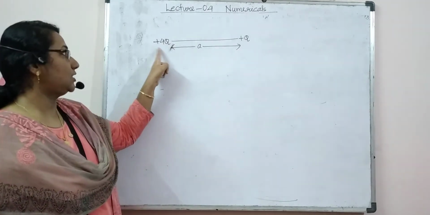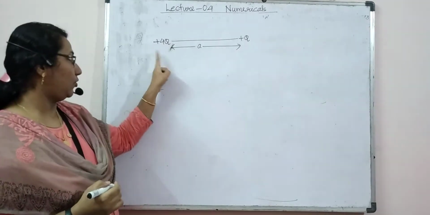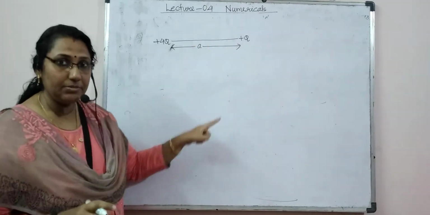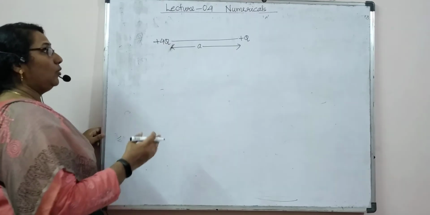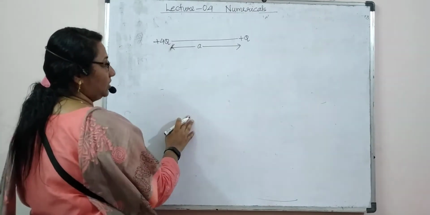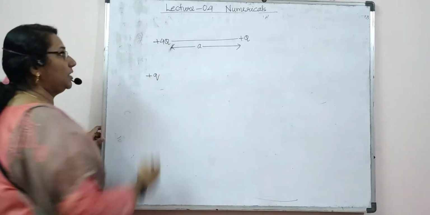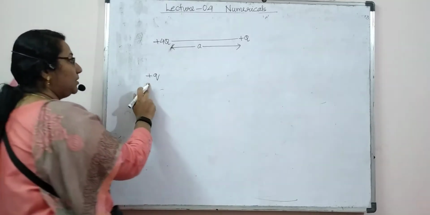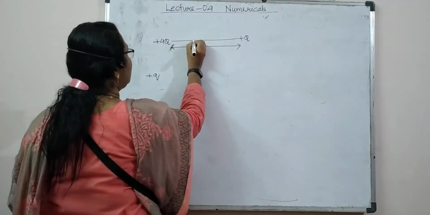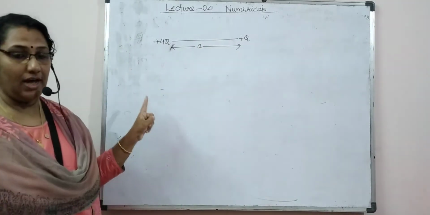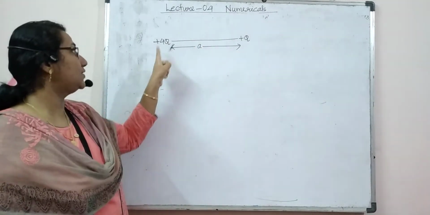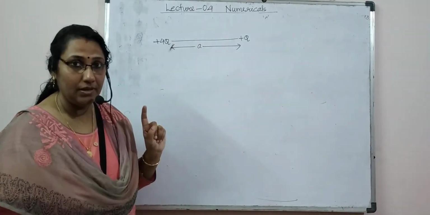Is it clear? Now there is a third point charge, plus small q. This plus small q is kept in between plus 4q and plus q.